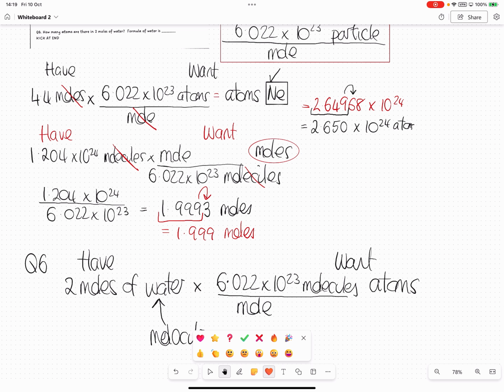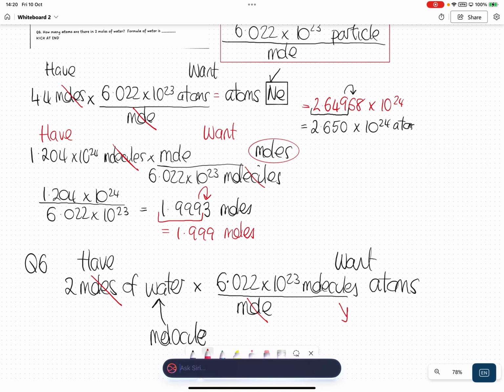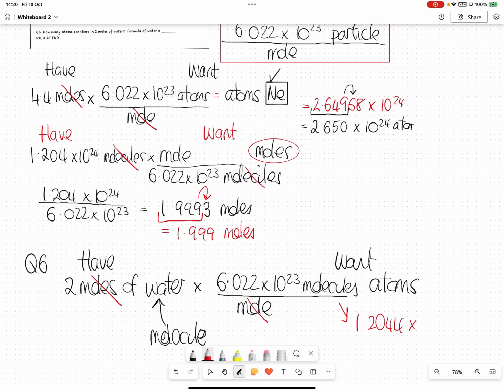Now I can cancel this mole and this mole, and the answer I'm going to get is 1.2044 by 10 to the 24 molecules of water.